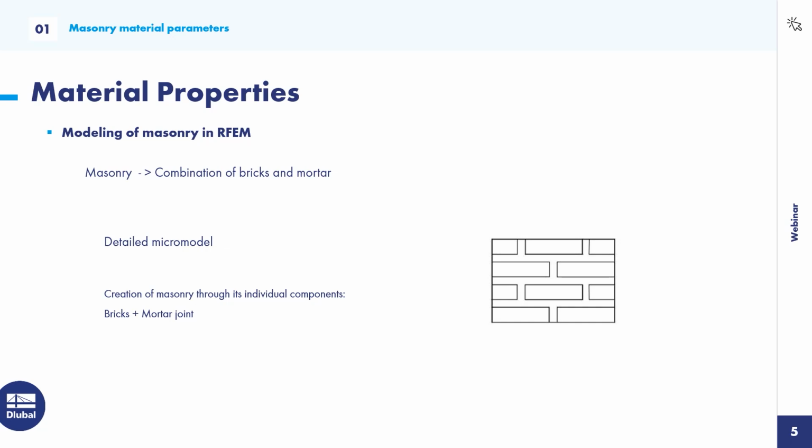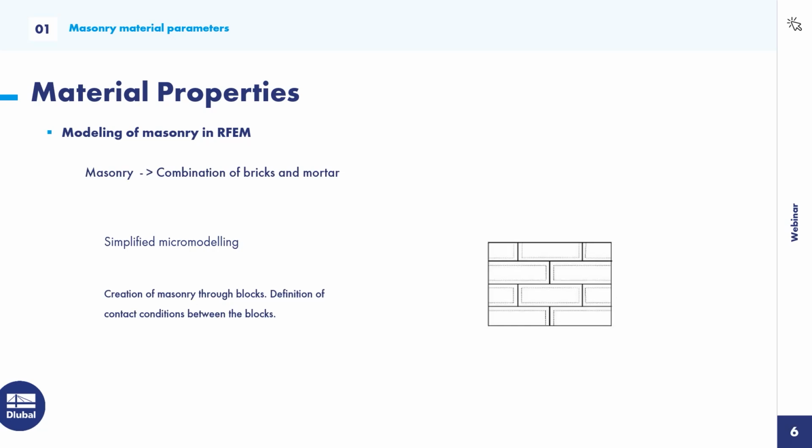But the disadvantage of this option would be that you would need a lot of input, a lot of time to create this. You would have a lot of calculation time. So I think it's not sensible to compute with this detailed micromodel for a big building or something.